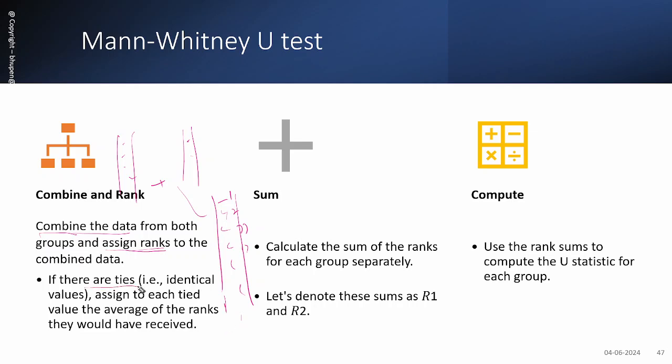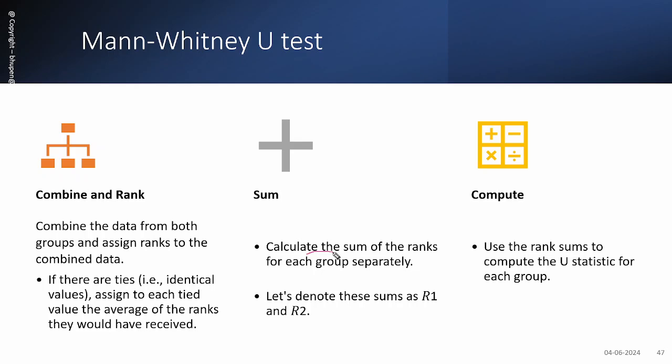If there are any ties, then the algorithm will assign to each tied value the average rank that you would actually be giving. For example, there is a tie between these two. We will take the average, so for example, if these are ranks 7 and 8 and they are tied, this will be 7.5. So that's the first thing that we do: combine the data and also rank it.